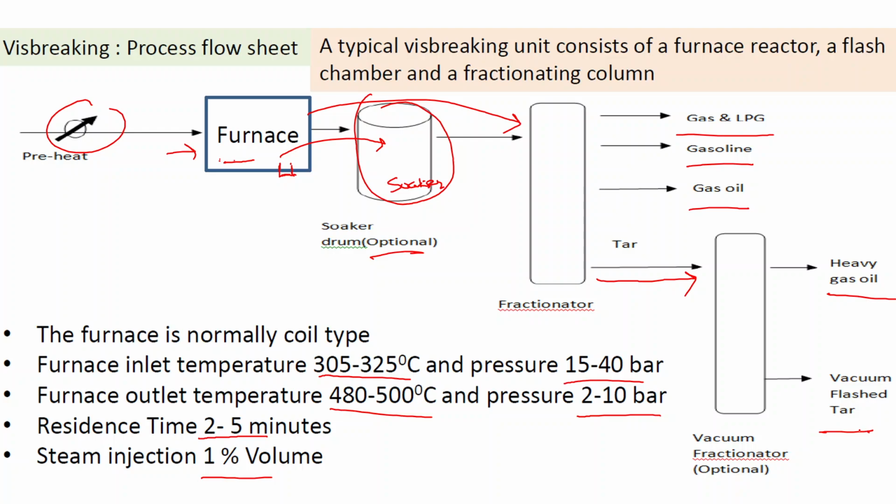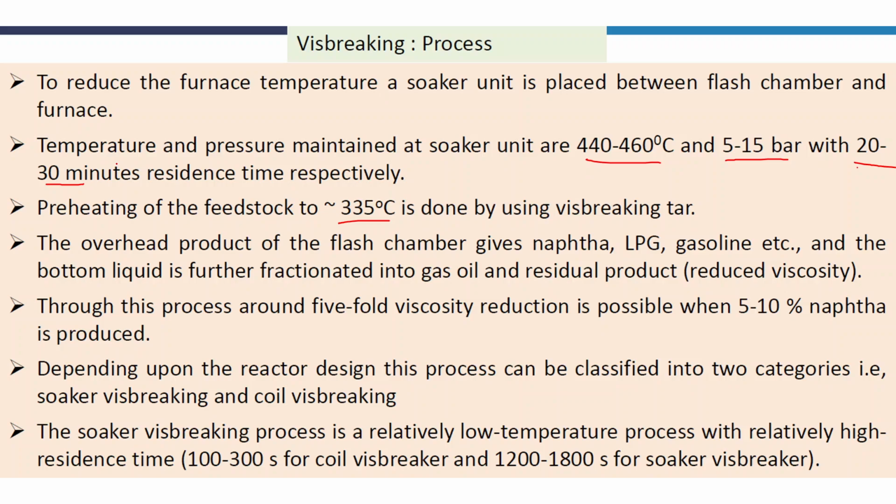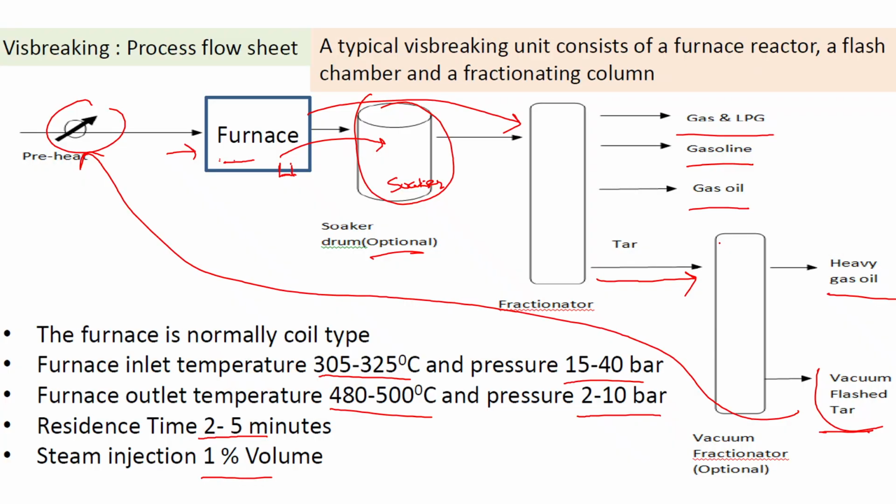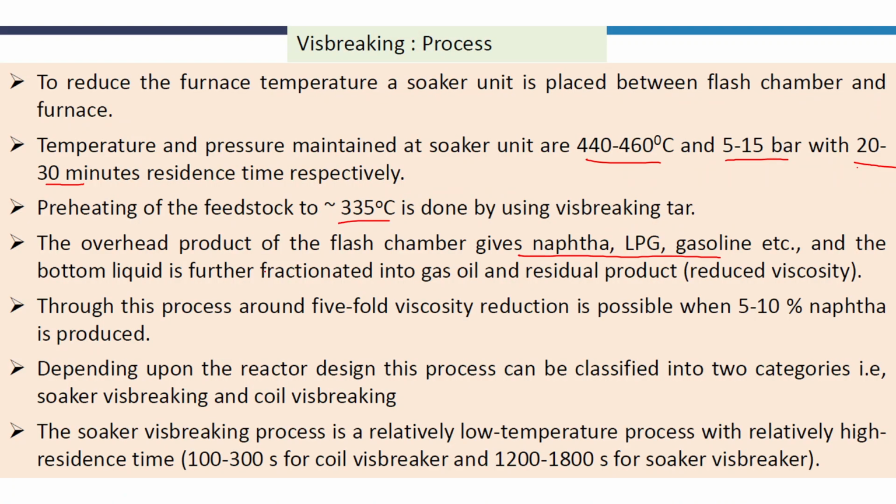The heat from it can be recovered for heating up our feed in the preheat. The overhead product of the flash chamber gives naphtha, LPG, as I have shown here. It gives LPG, gasoline, gas oil, and the bottom product is further fractionated into gas oil and residual product.